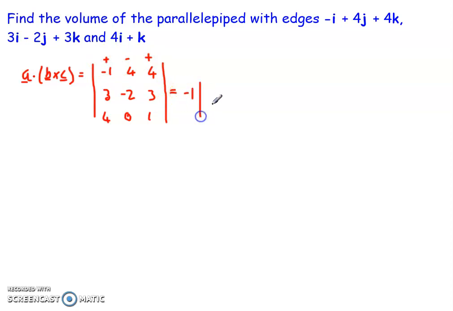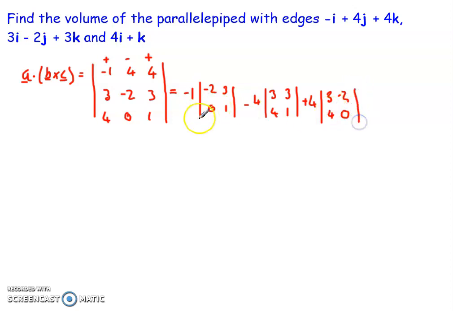So I've got negative 1 times my small matrix of negative 2, 3, 0, 1. I've then got take away 4 times the matrix made up of 3, 3, 4, and 1. And then plus 4 times a matrix made up of 3, negative 2, 4, and 0. Do each of these, see what you get at the end.